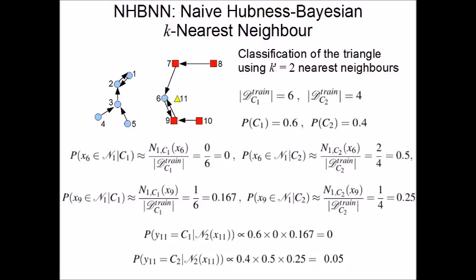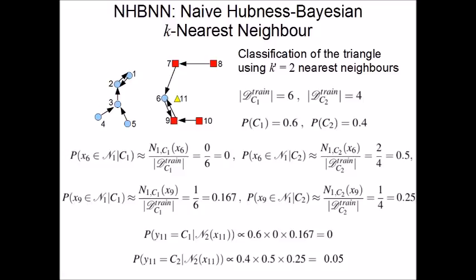We calculate the same probabilities for x9, that is, for the second nearest neighbor of instance 11, and finally we assess the probability of both of the classes as can be seen at the bottom of the slide. In particular, the probability of instance 11 belonging to the class of circles, that is, belonging to the first class, is proportional to 0.6 times 0 times 0.167.